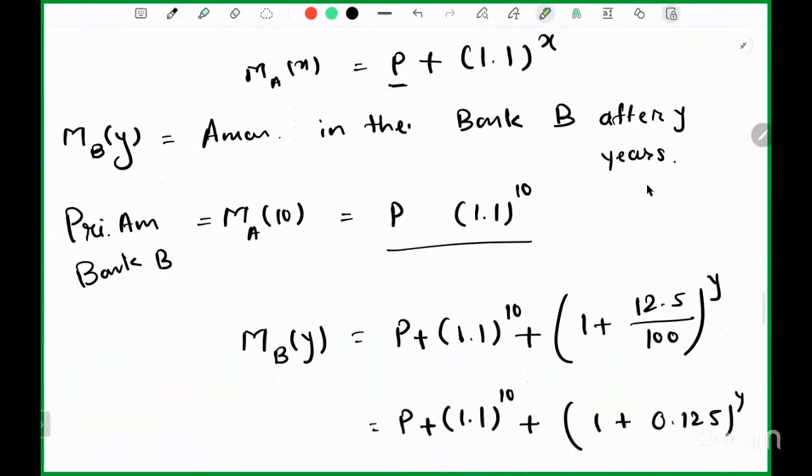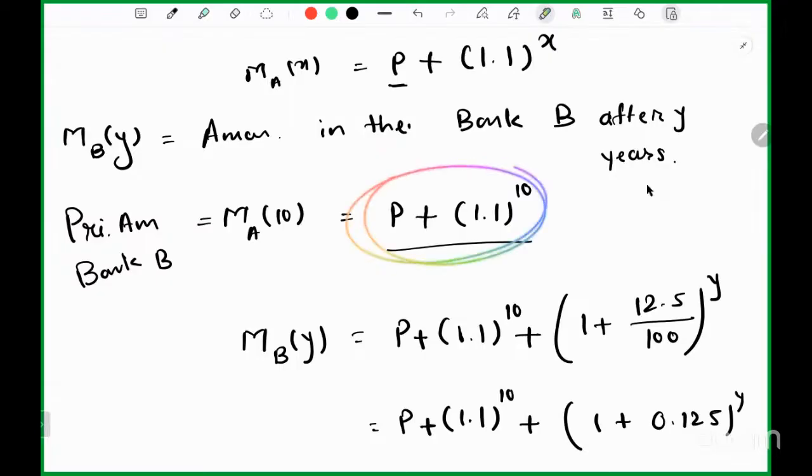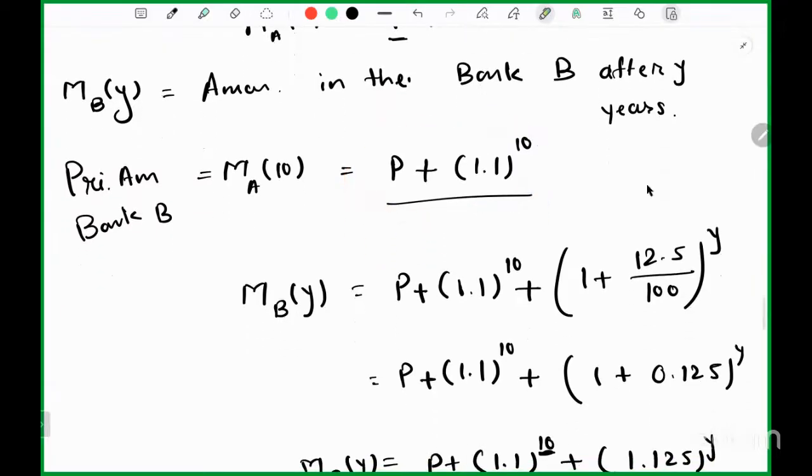Similarly, what she did after 10 years, she withdrew her amount from bank A and deposited it into another bank B. Right. So that means for bank B, the principal amount will be P plus 1.1 to the power 10 because this is the final amount she will get from bank A after 10 years. So this will become the principal amount for bank B when she deposits the amount.